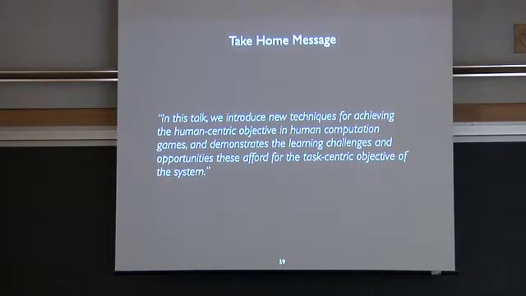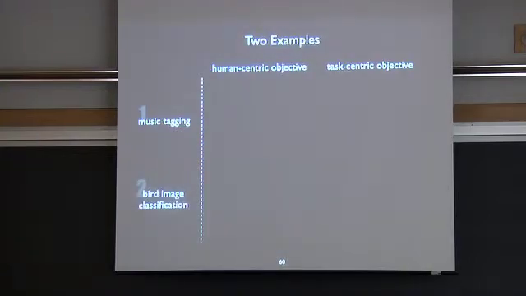If we have one take-home message, it's that our approach is to try to achieve the human-centric objective in human computation games, but at the same time balance that with the task-centric objective of the system. We show two examples of this.